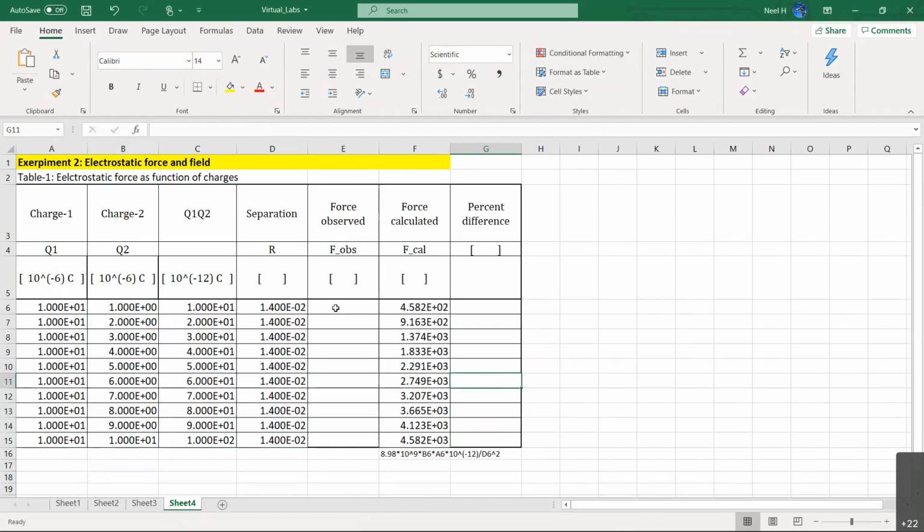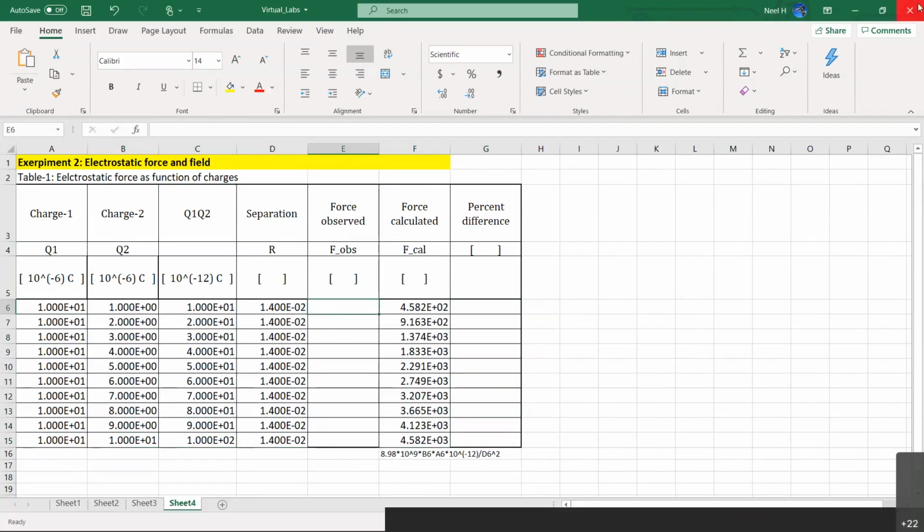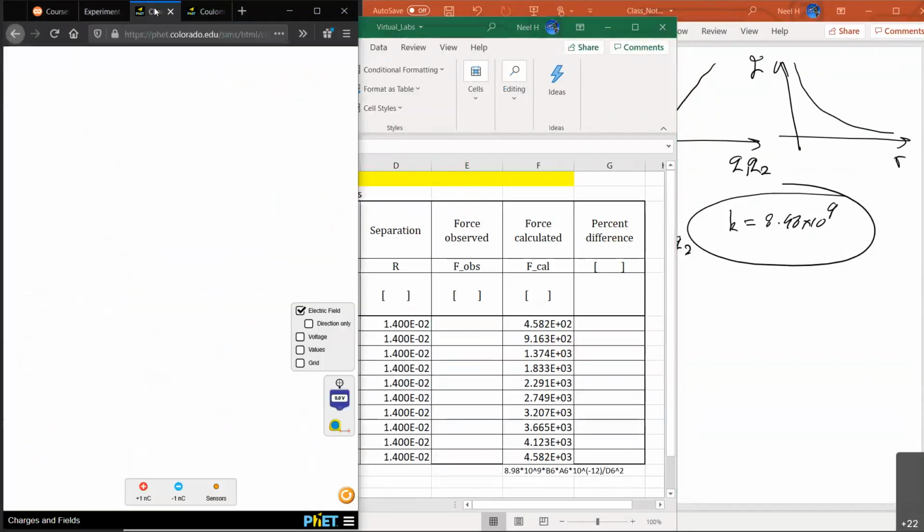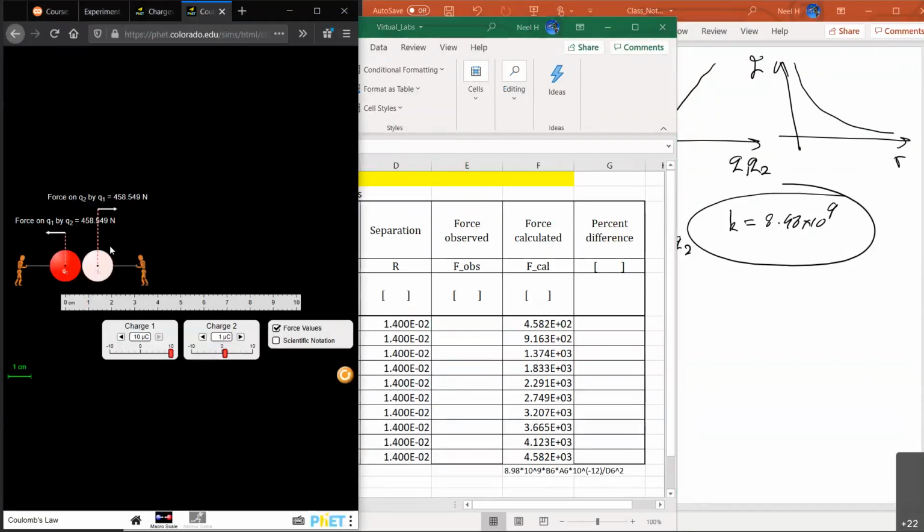Good. Now all you have to do is observe the force from your simulation and then complete this table. Very simple. So let's go to the simulation. This is the observed value. You can see it's the same number, but it is a repelling force. This arrow represents the direction of the force, and the number goes up to about 6 significant figures.